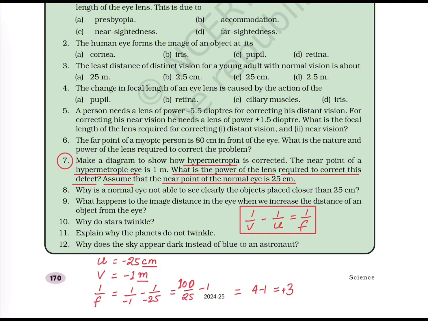Obviously what we have found over here is 1 by f, and we know that 1 by f is equal to power when calculated in meters. So the value of power of lens will be plus 3 diopter.